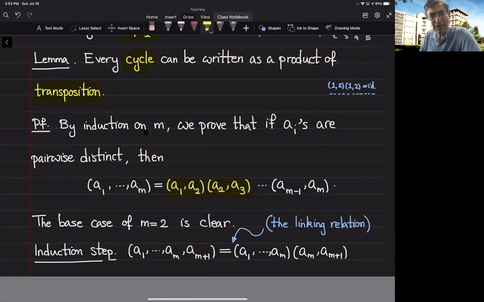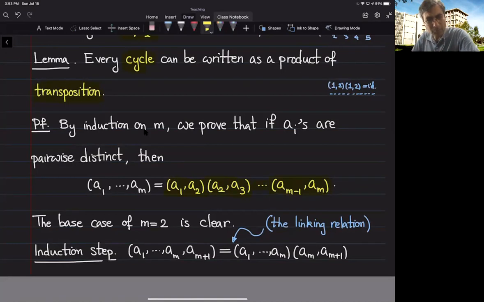Now, if I multiply by the next one, (a3 a4), I'm going to link that transposition, that 2-cycle, with this 3-cycle, and I am going to end up with a 4-cycle. Then at the next step, I'm going to get a 5-cycle, and we continue like that till we end up getting an m-cycle. As always, whenever we say we continue like that, that means there is a hidden induction in the argument.